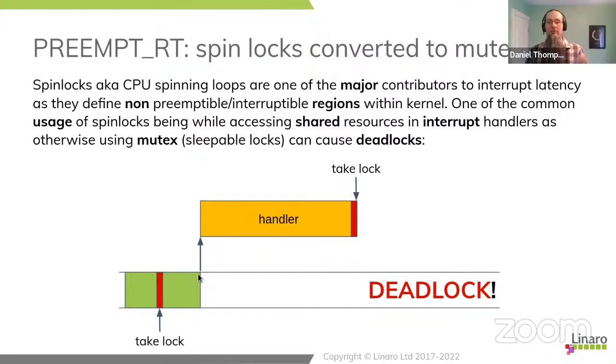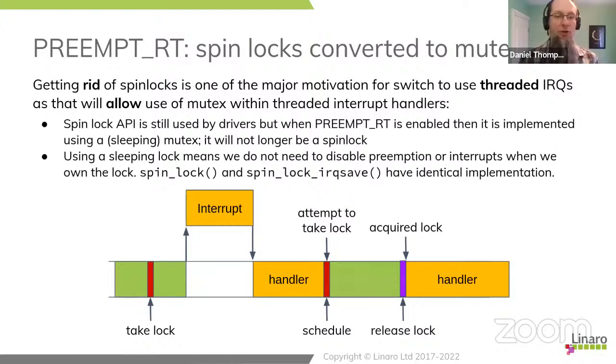By replacing it with a sleeping mutex, we get a much better approach, which is we have the implicit handler that's coming from the architecture, and we have our real handler. Because they're using mutexes, the green thread here can take the lock, and the handler can run.